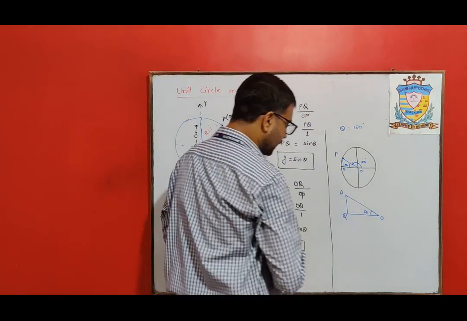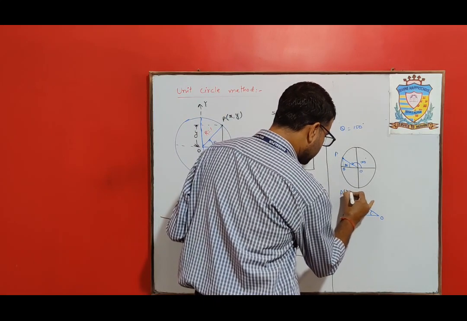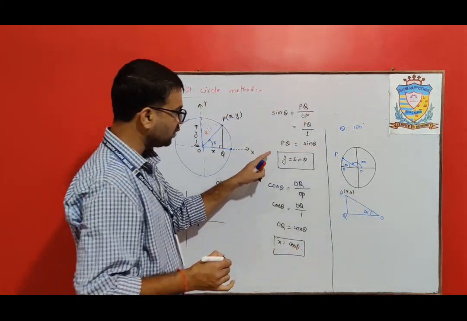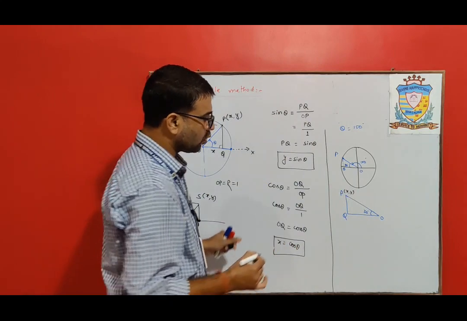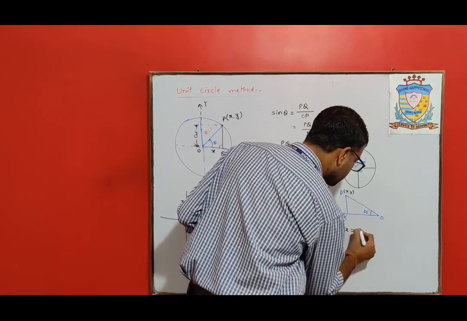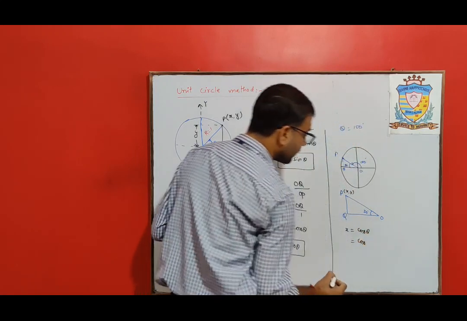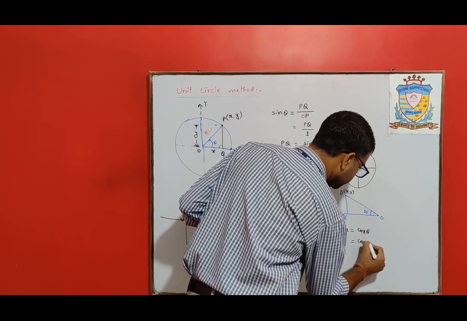So if it is 30 degree, let the coordinate be x and y. Here, as we can see, x is equal to cos theta. This becomes cos 30 degree.